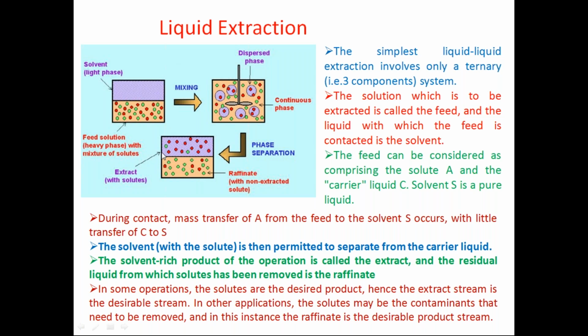Once they settle, then you remove two different phases. So the aqueous phase, in which non-extracted solute is there, because not all the solute will be extracted, that layer is usually called raffinate. This is the industrial name. Raffinate will be obtained as a residue.